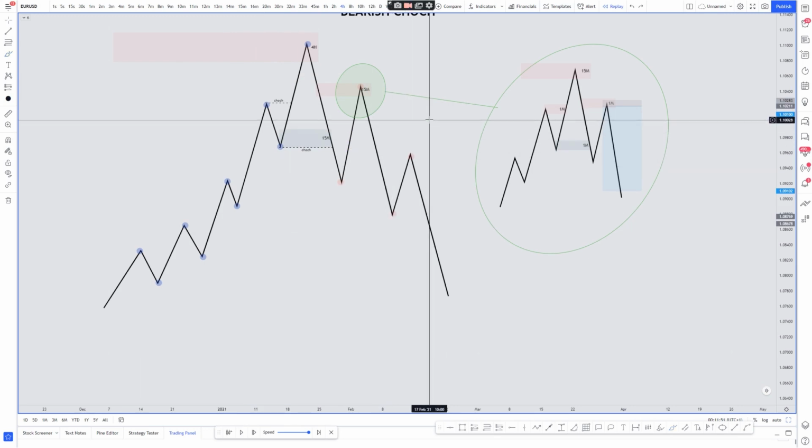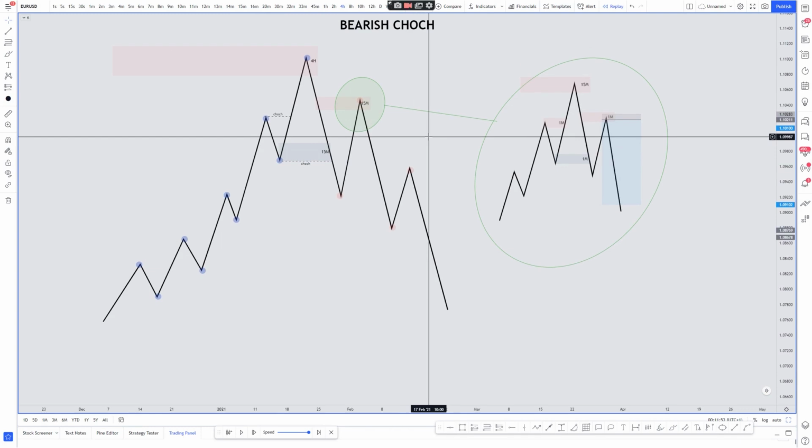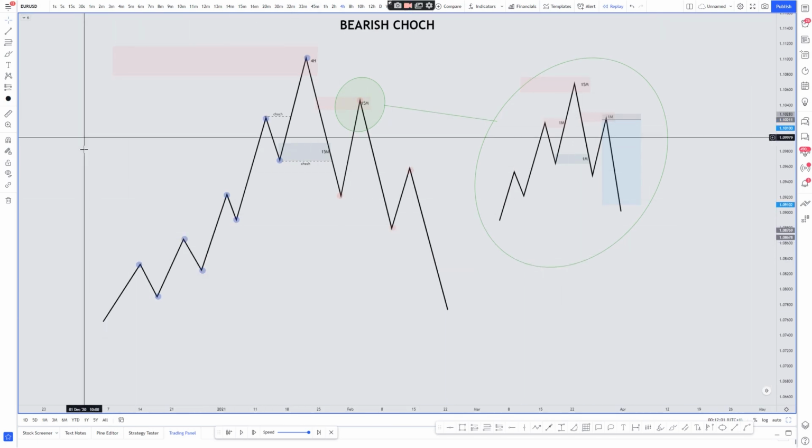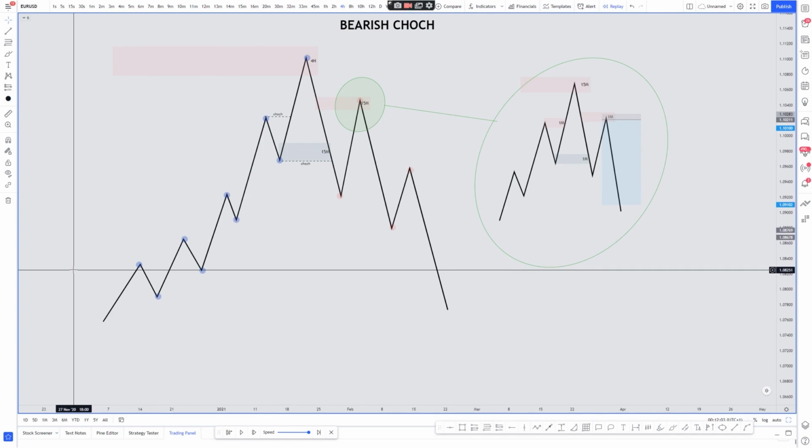Now, this will probably make more sense as we go on to the charts and I show this in action, but in essence, this is the simplest concept. It makes a lot of sense once you apply it and use it over and over, but you have to understand how to use it.